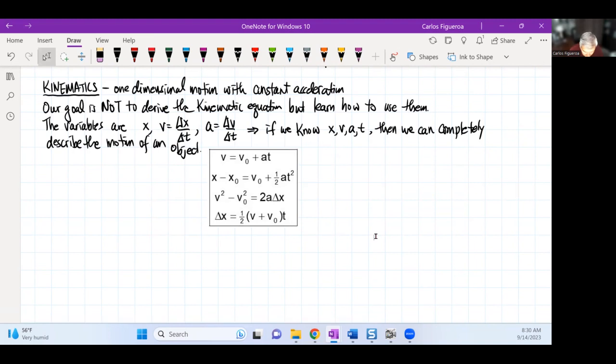There are 4 equations, and the one you want to be careful with is this guy right here. This one is the most misused equation. If you know how to use it, then we can deal with this thing here. So your ability to use these equations and solve problems on your quizzes and exams, there's going to be 2 quizzes on motion, becomes crucial.